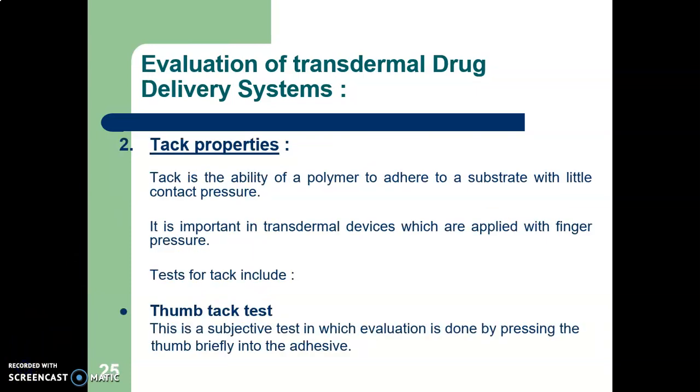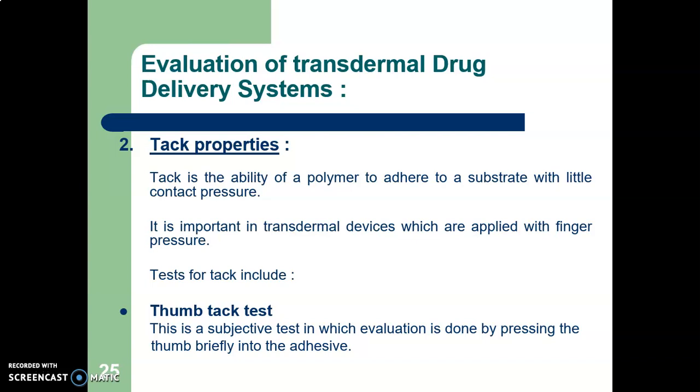Tack is the ability of a polymer to adhere to a substrate, that means skin, with little contact pressure. So it is a type of property, that is the ability of the polymer to adhere to the skin surface with a little pressure by using the thumb or finger. It is important in transdermal devices which are applied with finger pressure.